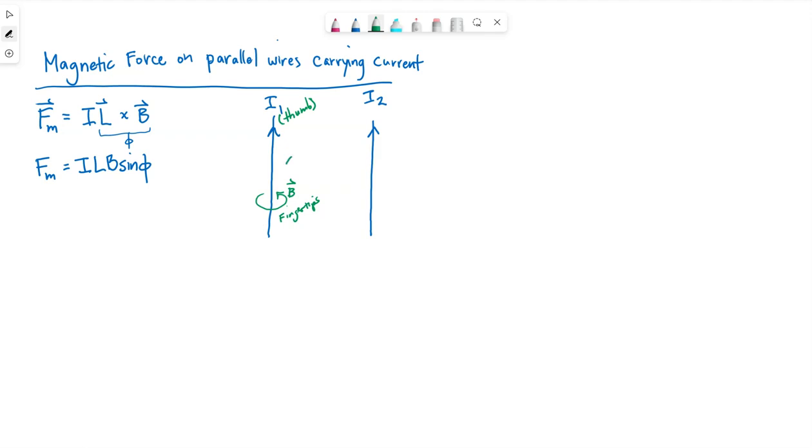So the magnetic field due to wire 1, I'll call it B1, goes in on the right side and comes out on the left side.